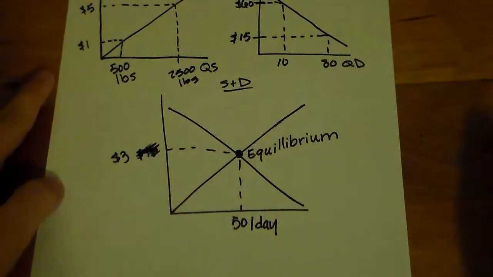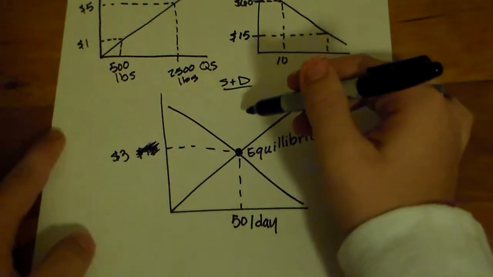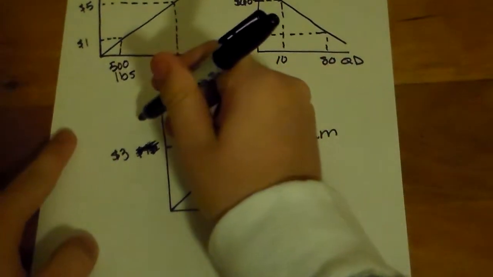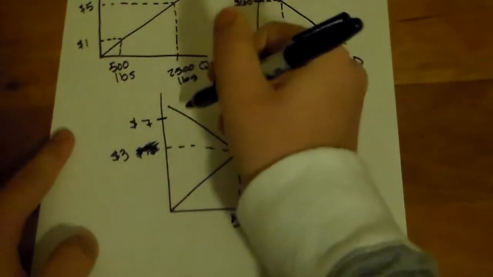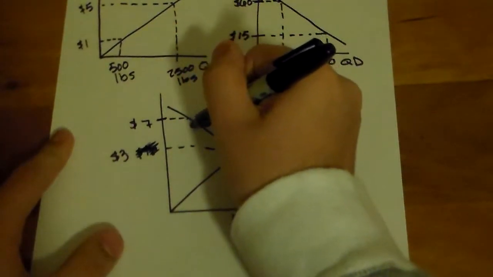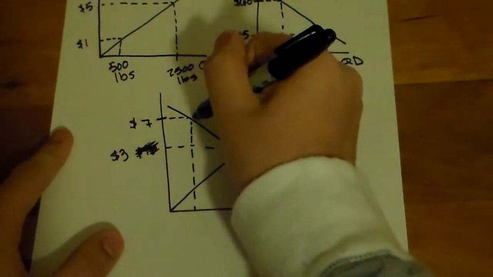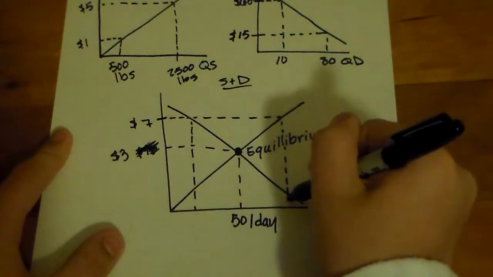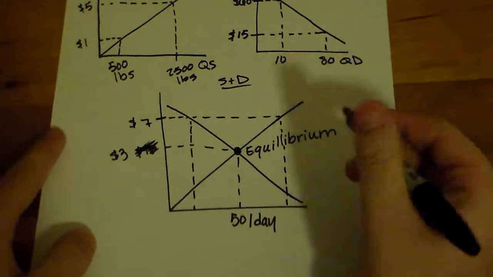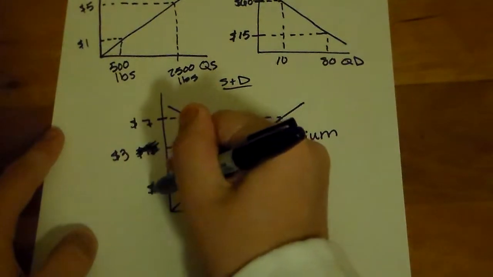But if I were to sell it up here, if we were to look at it, let's just say this was at $7, we would just draw that. If we're looking at the supply, the demand, and we go over here to the supply part of it, and let's say we were $1 right here.